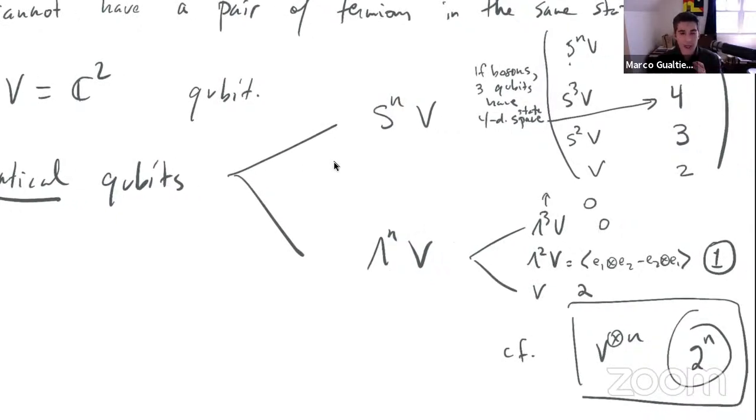So for a state space that has only 2 dimensions, if it was fermionic, then you cannot have multi-particle states beyond two particles. You cannot have 3-particle fermion qubits. It does not exist.